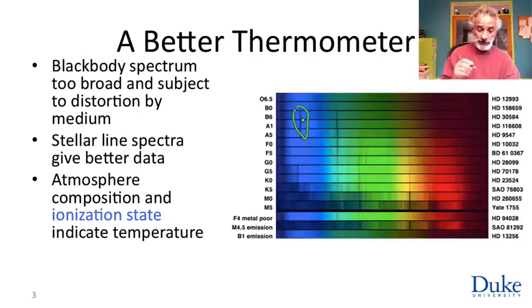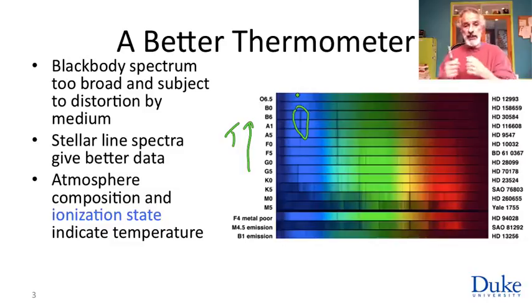The interpretation understood in the 20s is that this organization, and the reason B comes before A, is that there was previously another organizing principle, and this was understood later. This organization is in the direction of decreasing temperature. O stars are the hottest stars and M stars the coolest. Looking at hydrogen in the stellar atmosphere, O stars are so hot that the hydrogen is essentially all ionized, and in B stars, much of it is ionized.